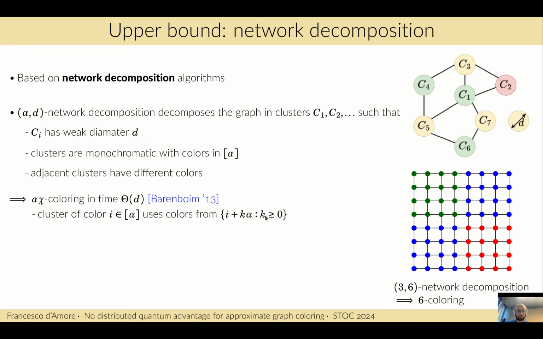And this is the palette, basically. And locally in each cluster we can brute force an optimal solution with chi colors from the palette, in time roughly d, because the diameter is d. So we'll get in total alpha chi colors. And for the case of the grid, we get 6 colorings, because 6 is 3 times 2.